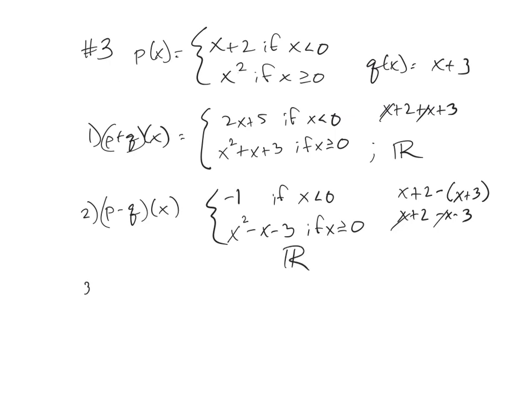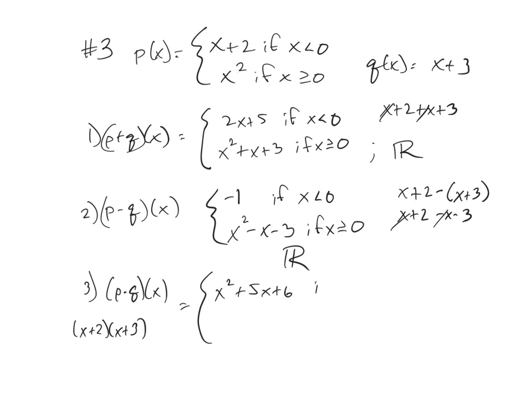Now to multiply. Up to you if you need to use FOIL, distributive property, make the box, whatever you need to do there. But we would get x squared plus 5x plus 6.